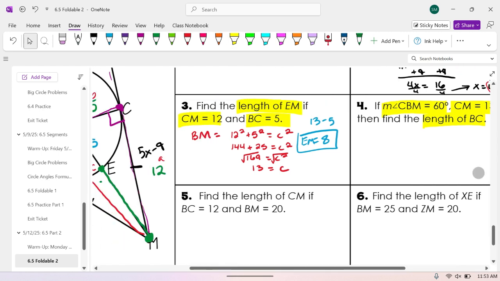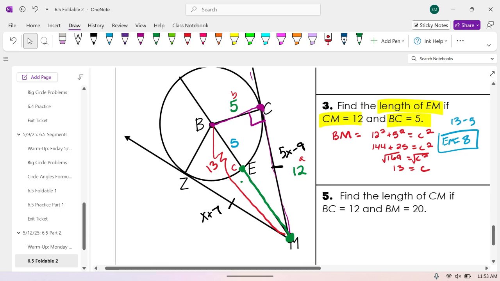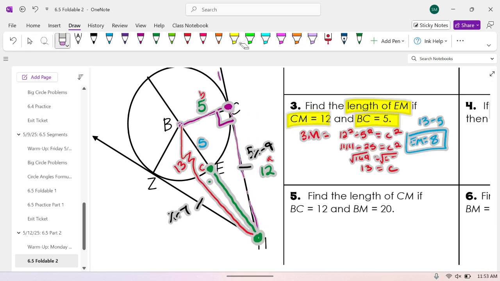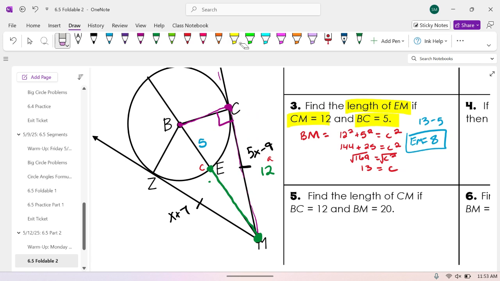So we're completely disregarding everything we just talked about. Now, I'm going to erase some of this stuff just so we can see it better. If you already have it on your paper, that's fine. I'm just letting you know that I'm erasing it, but it is also captured in the video.